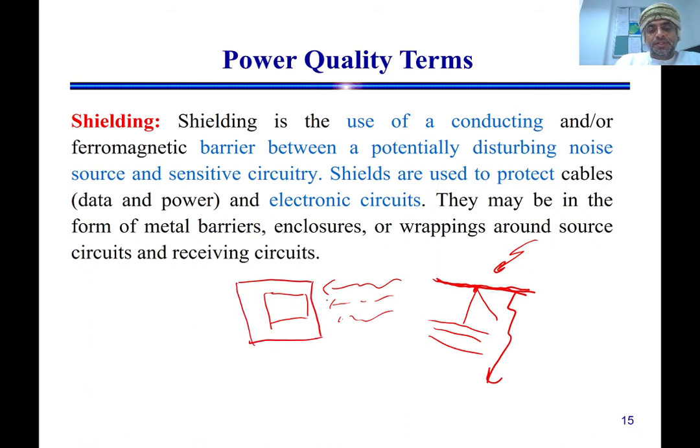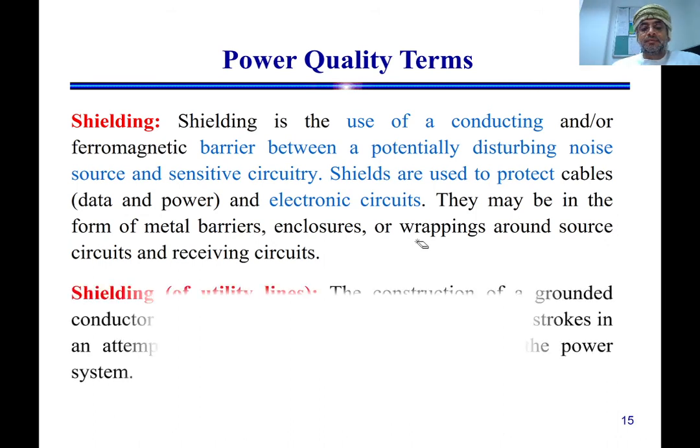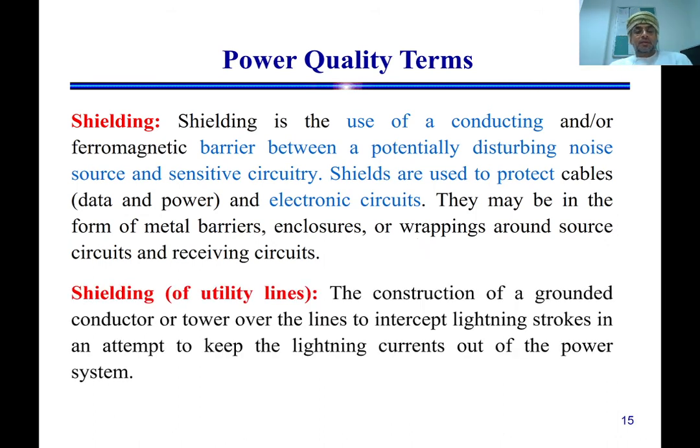The function of this shielding is to take out the noise, so the noise will not go inside the device. Yes, this is what I have already explained to you, that we use shielding wire to protect the power system.